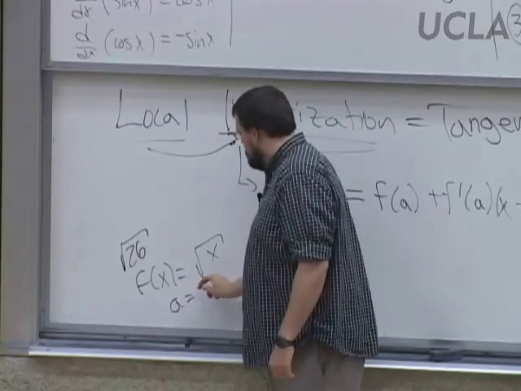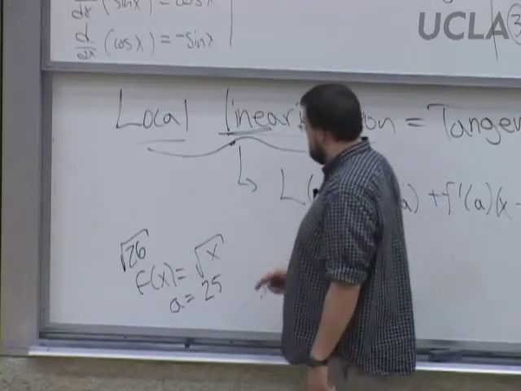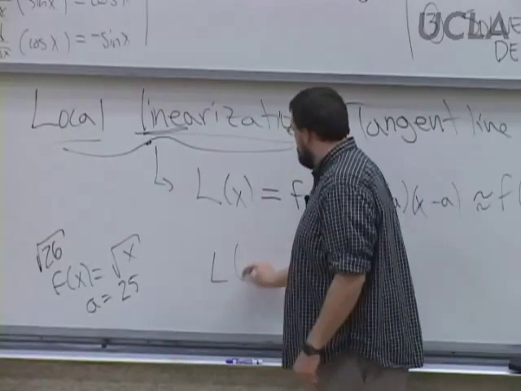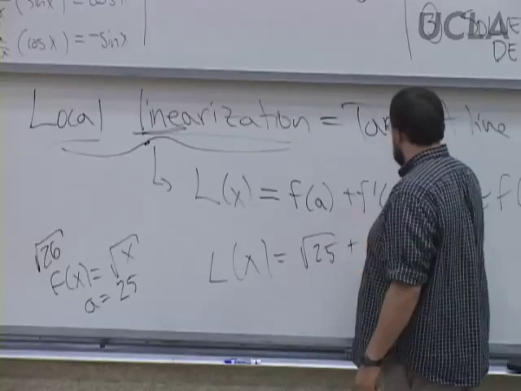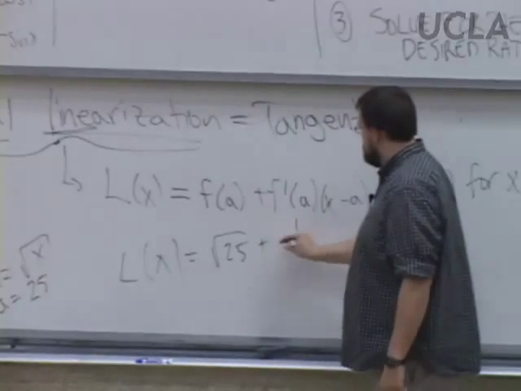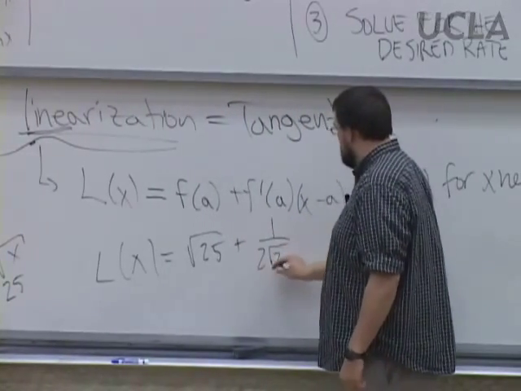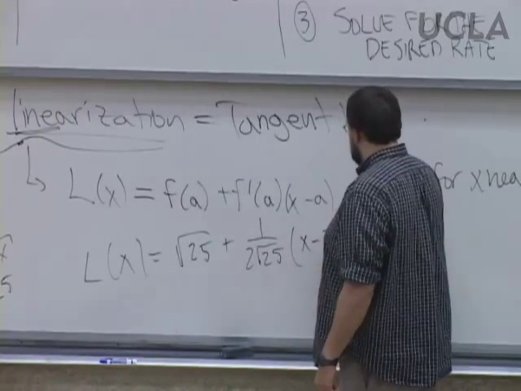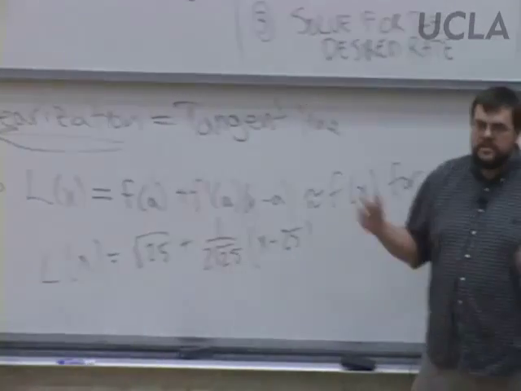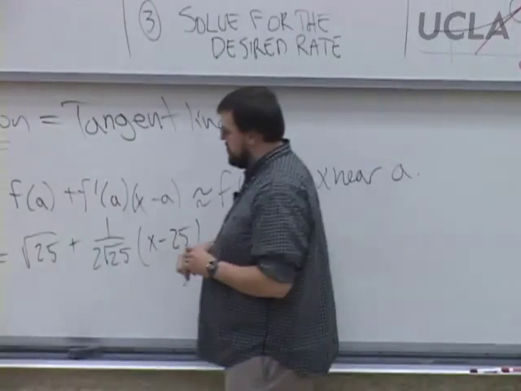Well, 25, because the square root of 25 is 5. So in that case, we went through and we saw, okay, we had the square root of 25 plus the derivative at 25, which I went through again, is this, times x minus 25. So the local linearization is essentially this. We did this last time. I'll do another one in just a second here.